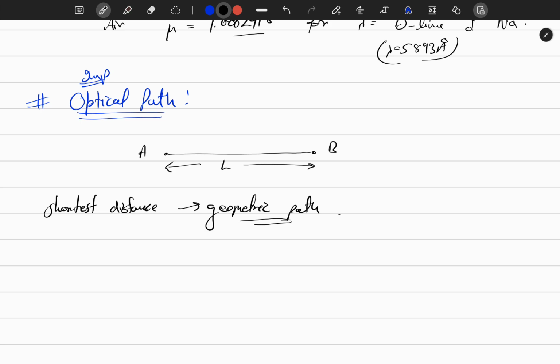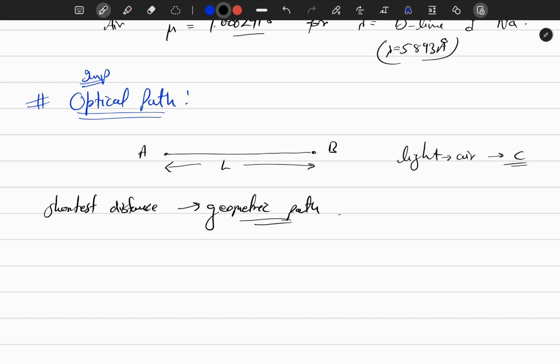The length of the geometric path is independent of the medium that surrounds that path. When a light ray travels from point A to B, it travels with velocity c if the medium is air. So light, if the medium is air, will travel with the velocity c, which is 3 into 10 raised to power 8 meters per second.